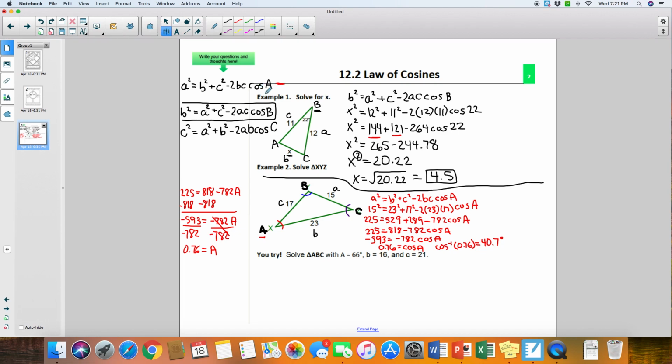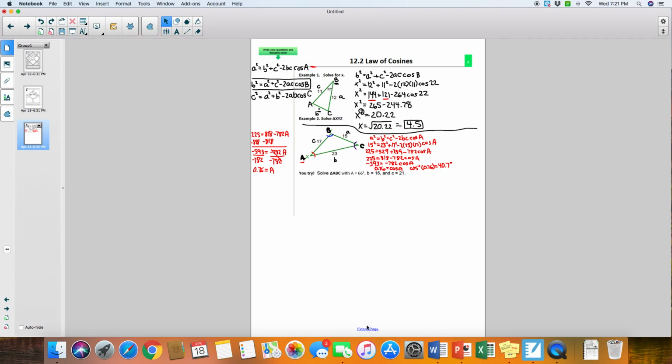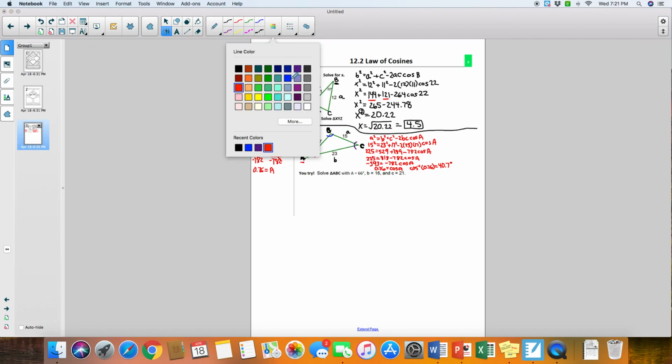Okay, so let's extend the page. I am going to need some more room here. So that will take care of my angle A. Now I want to find angle B. I did that in blue, so I want to change my marker color to blue.